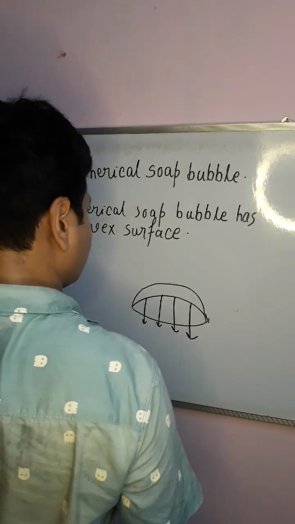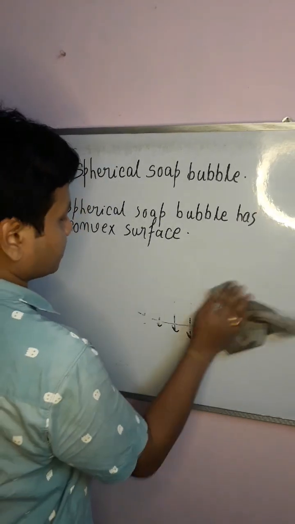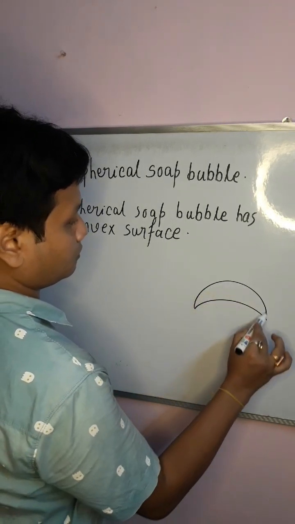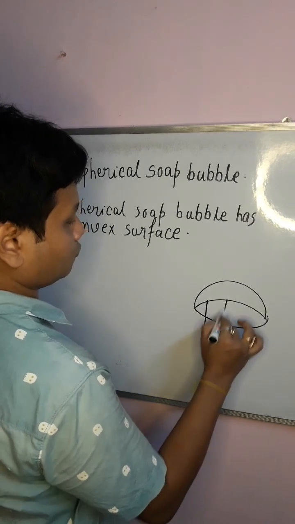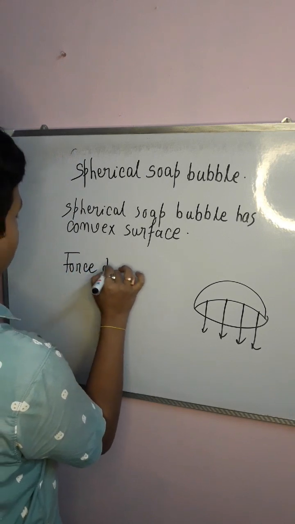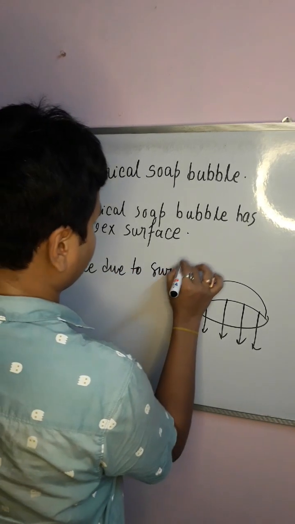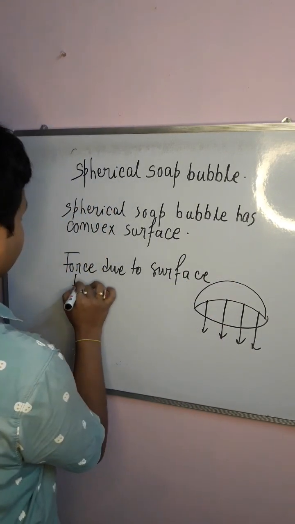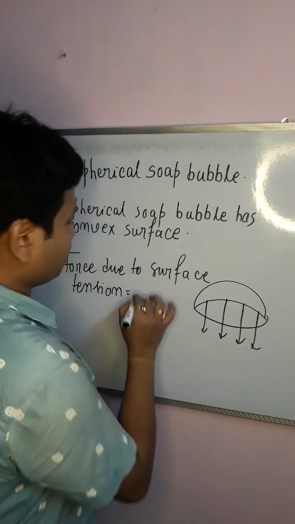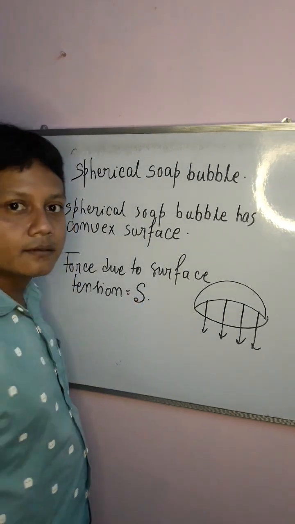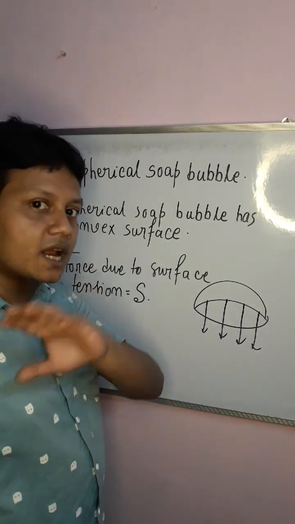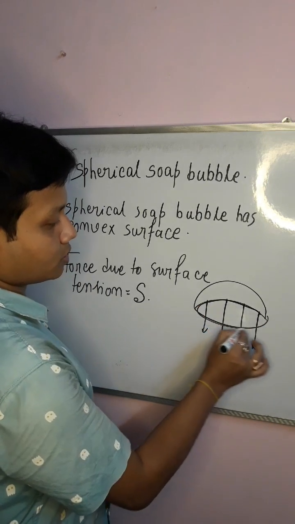Okay, so what should be the force due to surface tension? The force due to surface tension is surface tension multiplied by length. Length means the circumferential length. This total portion we have to take.